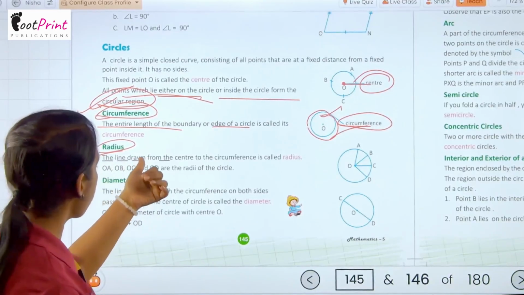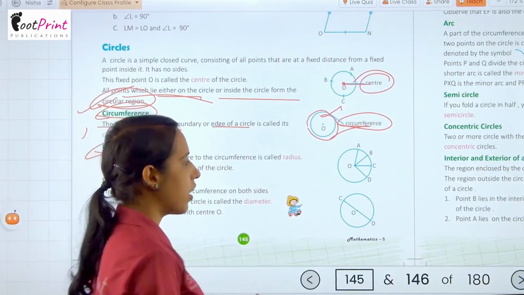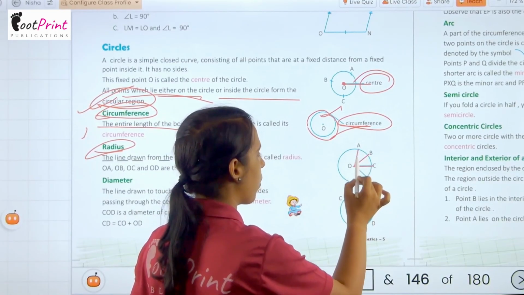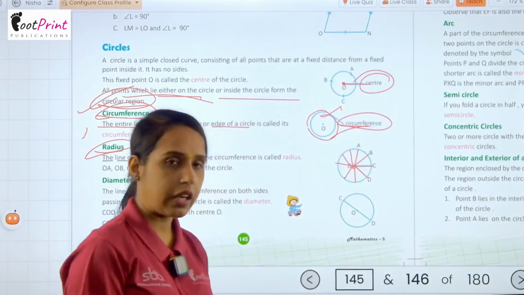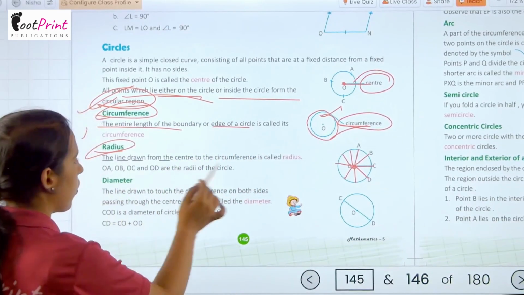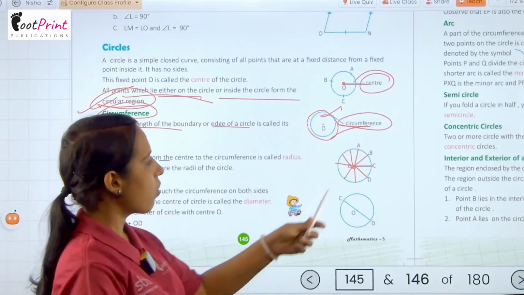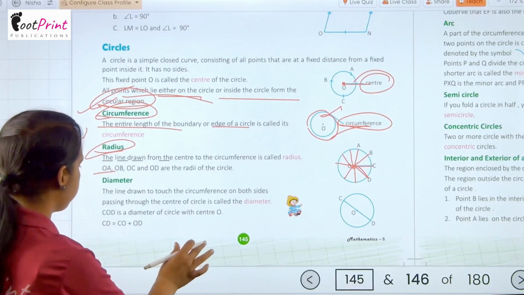The line drawn from the center to the circumference is called radius. Any line segment drawn from the center to the circumference, we call that radius. So here in this figure we have OA, OB, OC, OD. These are all radii of the circle.